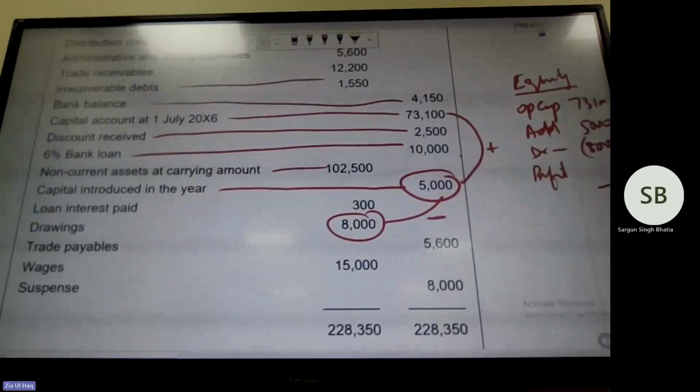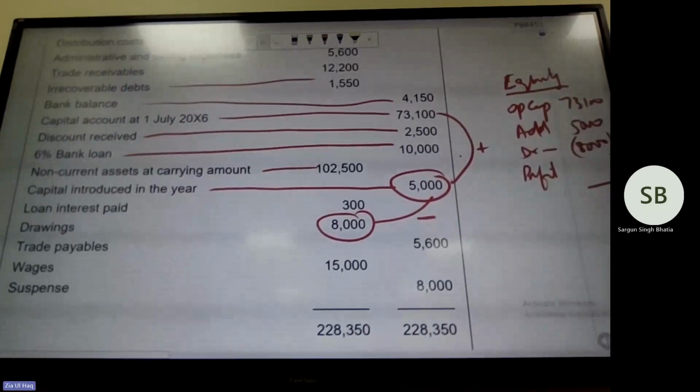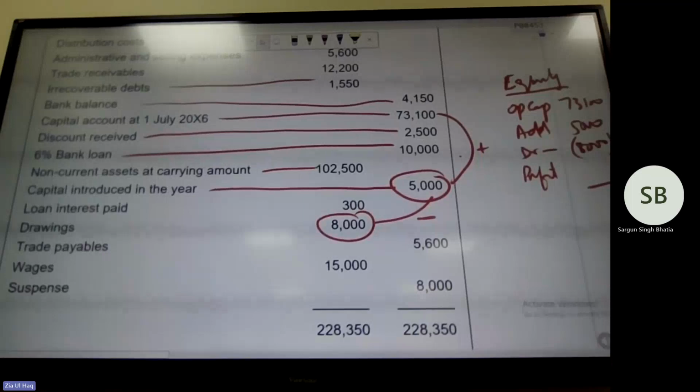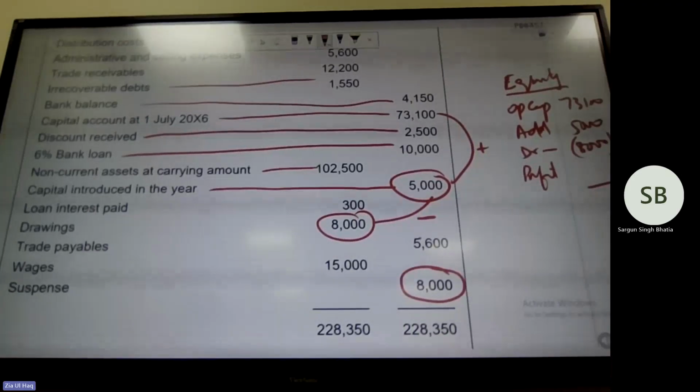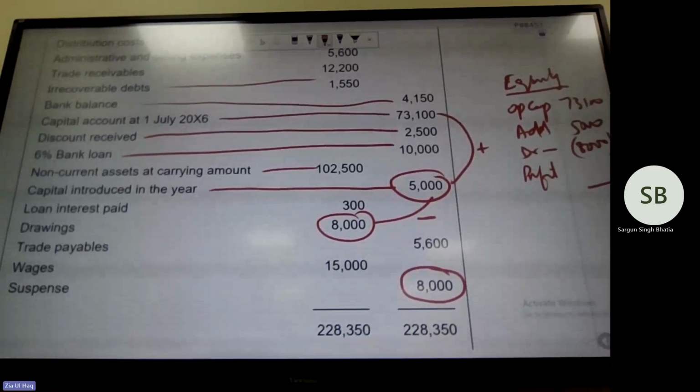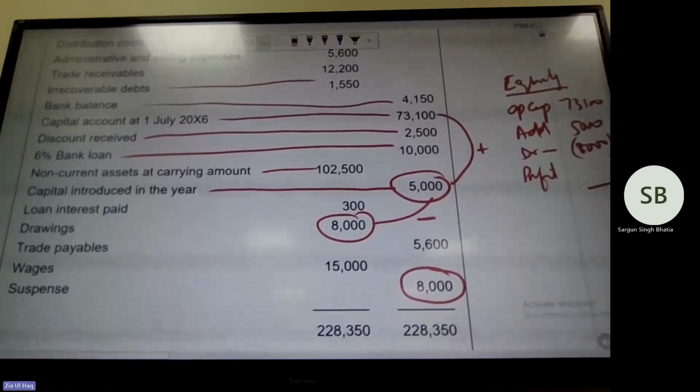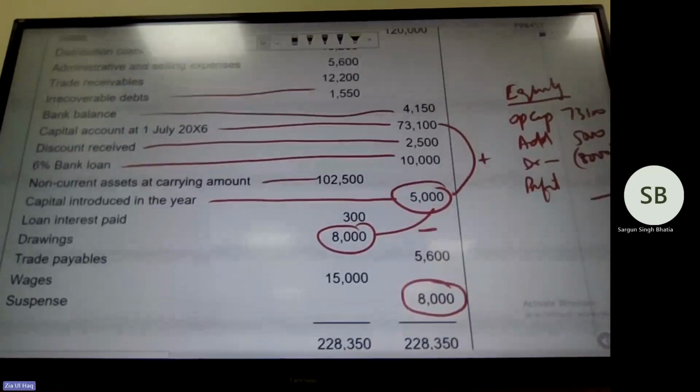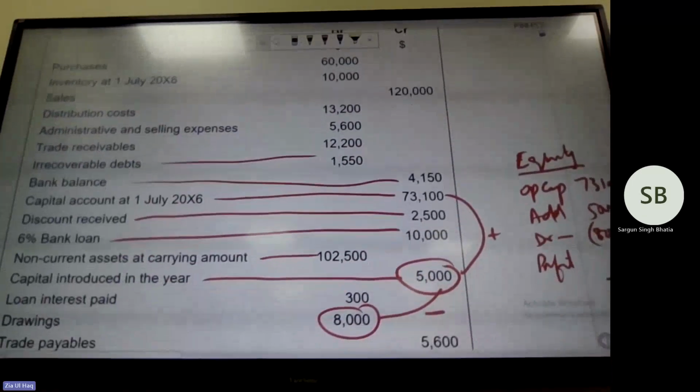Is that fine? Because there is no other share premium or revaluation, something like that. Trade payables, wages, expenses, and there is also a suspense account of 8,000. But this relates to, let's see in the adjustments. So any doubts in these amounts?